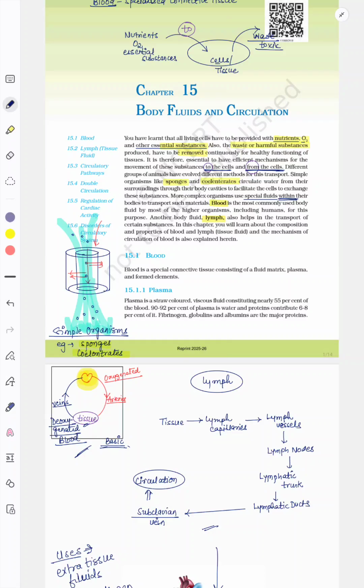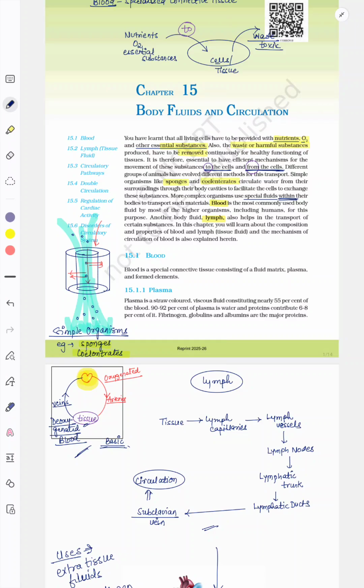So what are the very important points? We'll summarize it in just 1 minute. We need nutrients, oxygen and essential substances, and we need our waste products, toxins, to be removed from the cells. We have seen one simple mechanism in sponges and coelenterates.